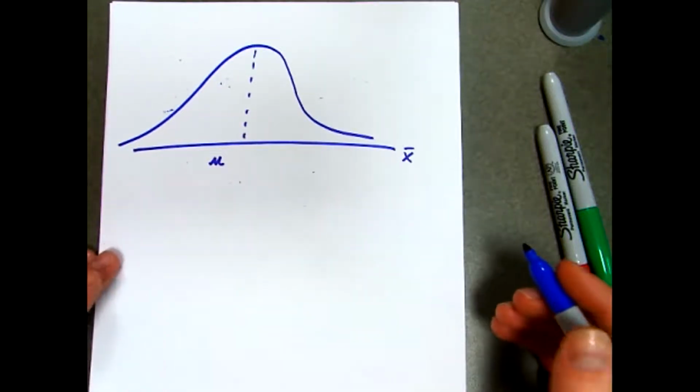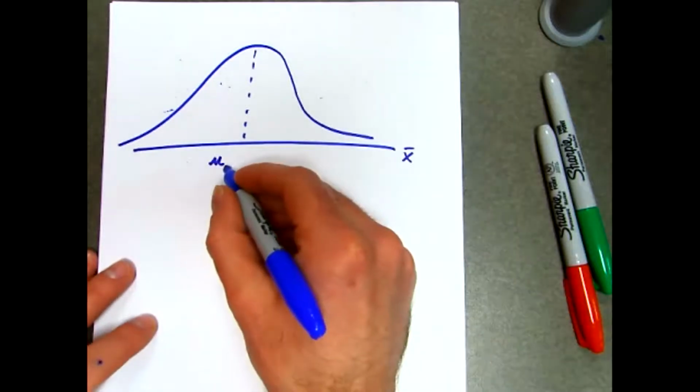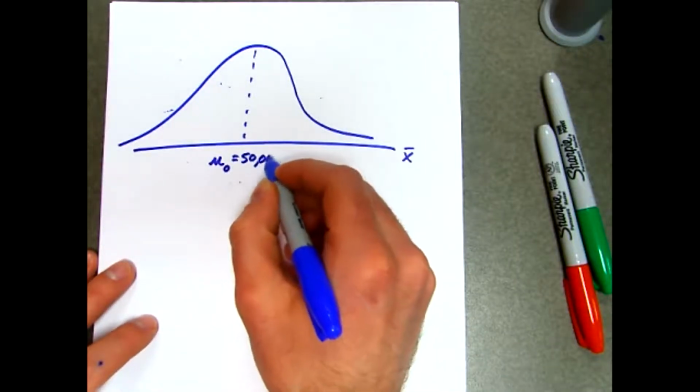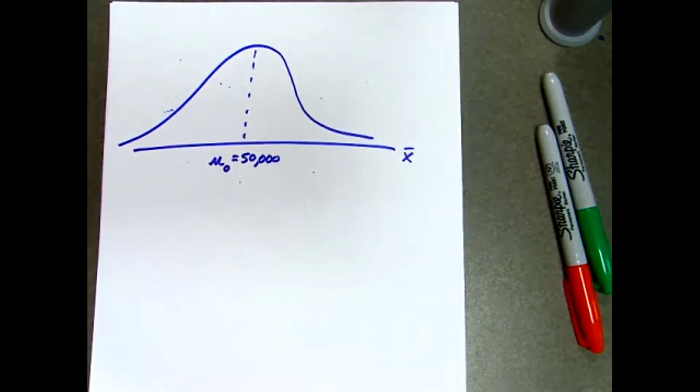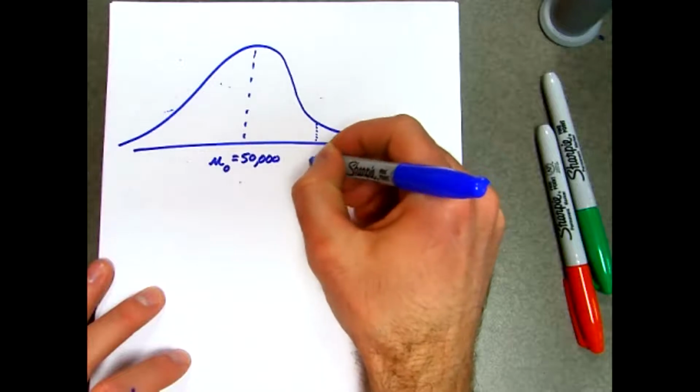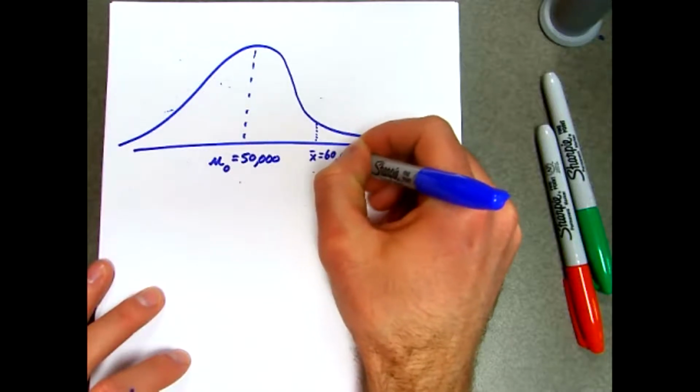But I don't have the population mean. I often just have this assumed true population mean. So maybe I'm thinking about income. Let's say I assume that the average income is equal to 50,000. That's my null hypothesis. I then see a sample mean of 60,000.